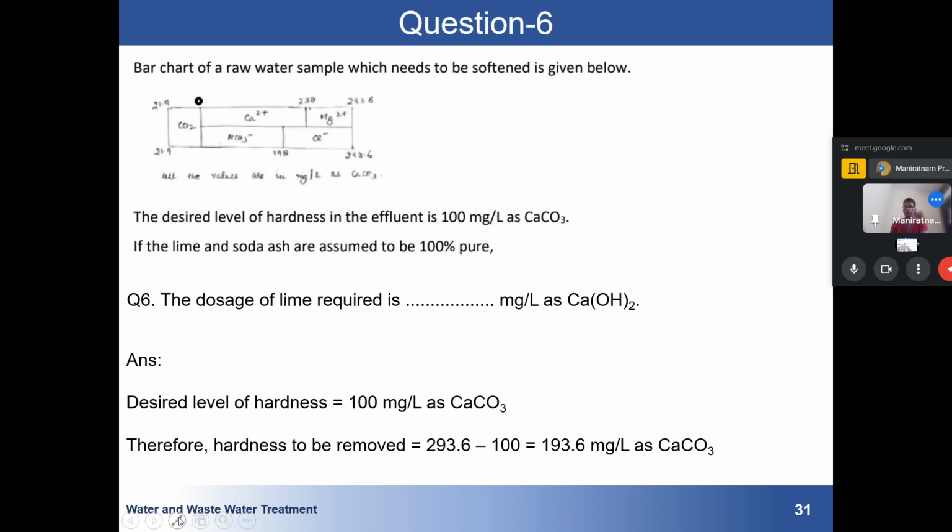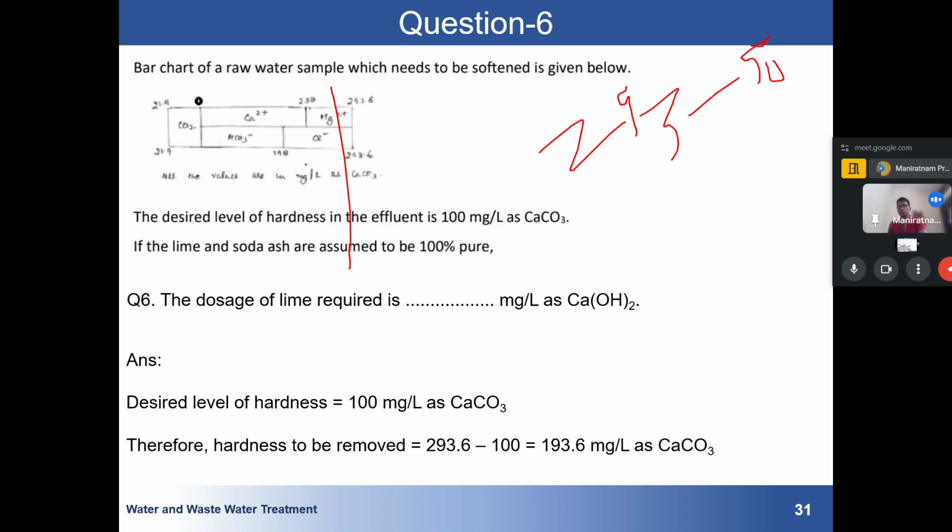So how much do I have to remove? 293 minus 50, it will be around 243, so it will be around here.